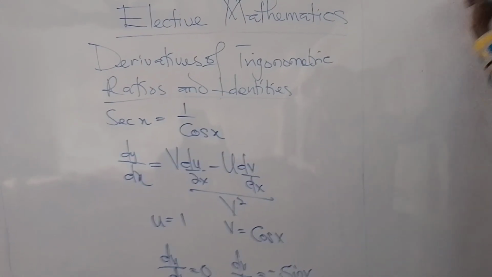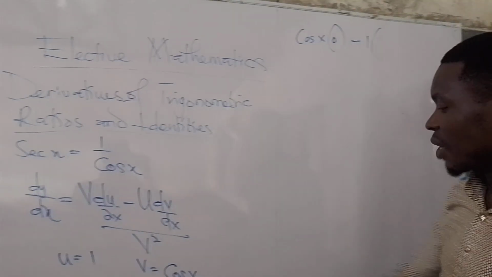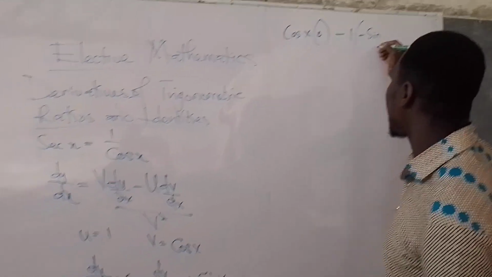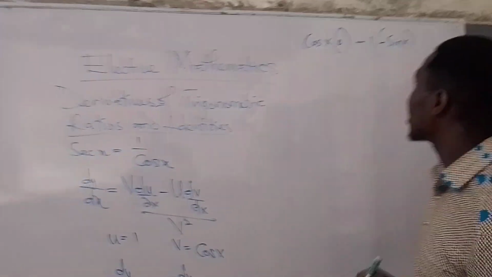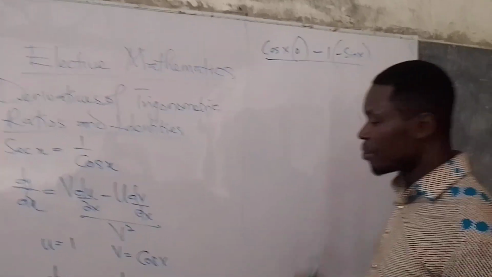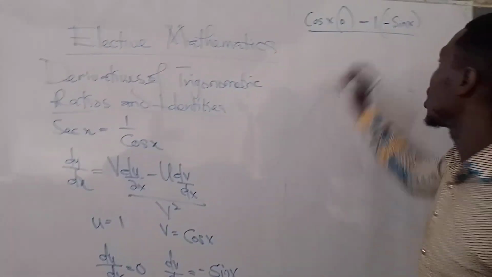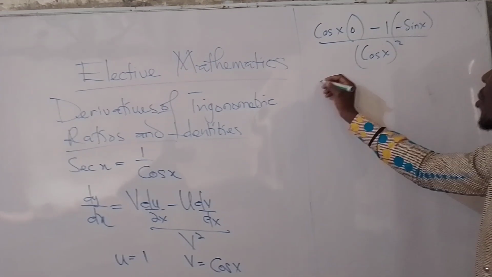What is our u? u is 1, multiplied by dv. What's our dv? Negative sine x. All divided by v squared. What is our v squared? Our v squared is cos x all squared.